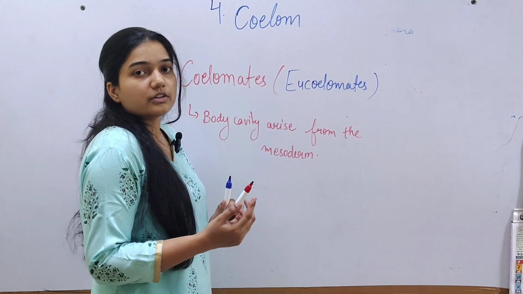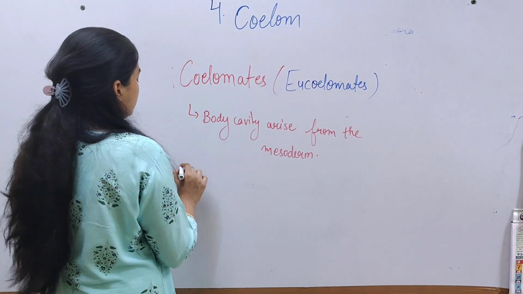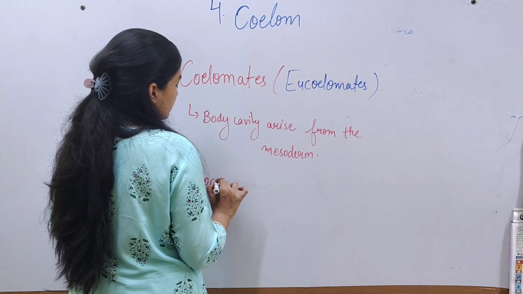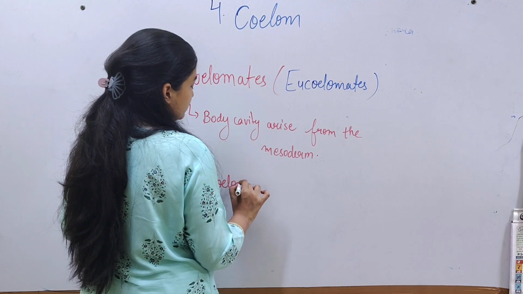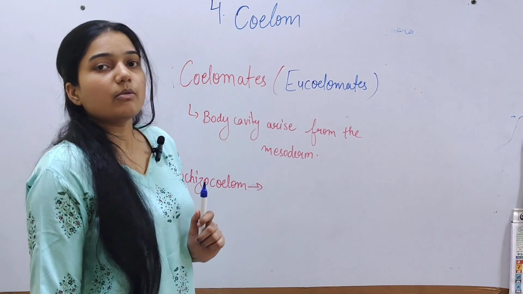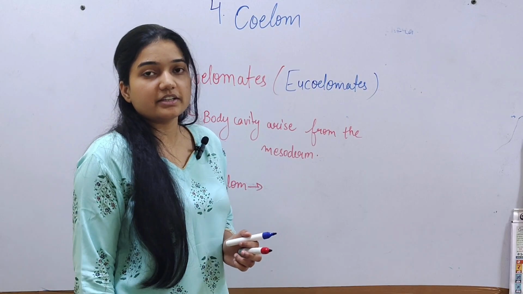So first of all, we take the first one, schizocoelom. This schizocoelom is formed when the mesoderm splits into sheaths.